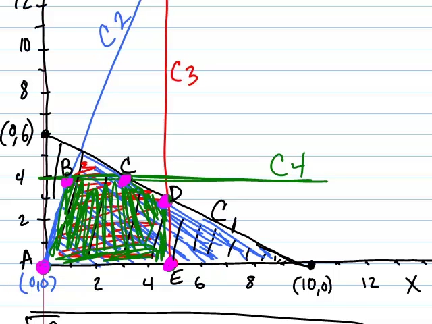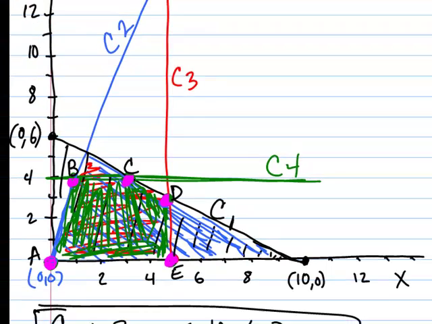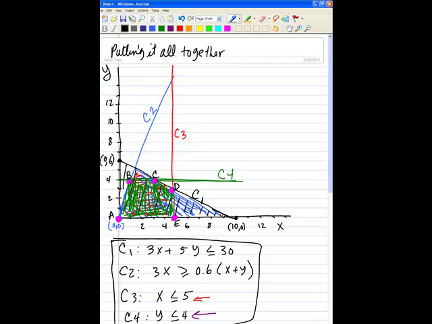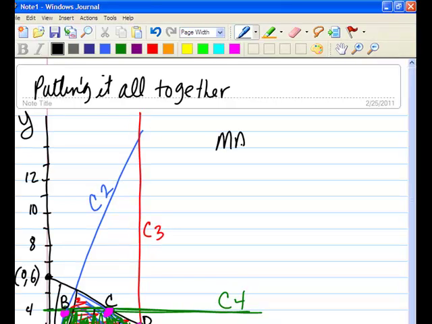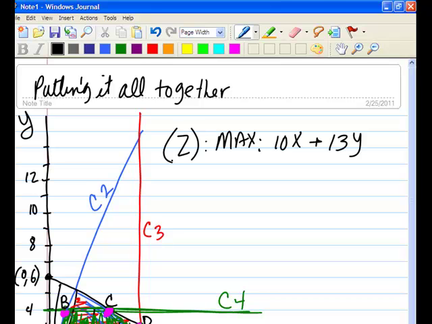And now if I go to my objective function and plug each of these points in there, I can solve for the optimal solution. Let's say, for instance, our objective function is maximization of 10x plus 13y. So that's our z objective function.